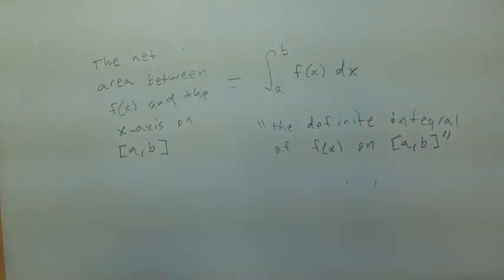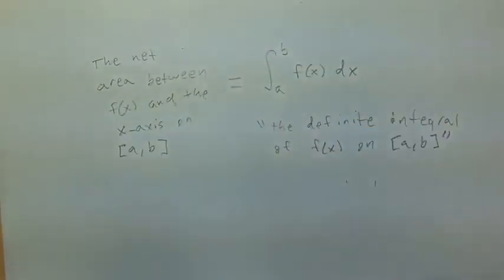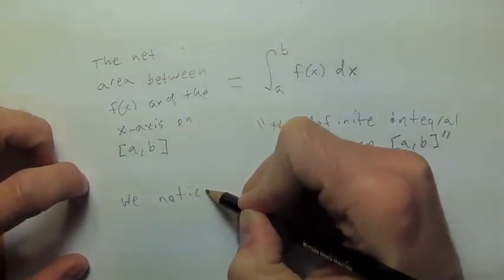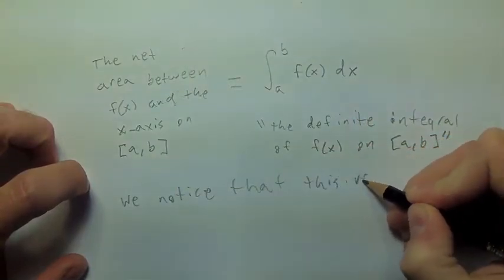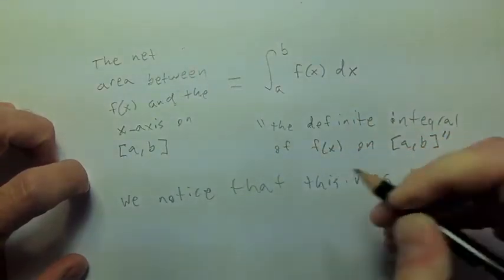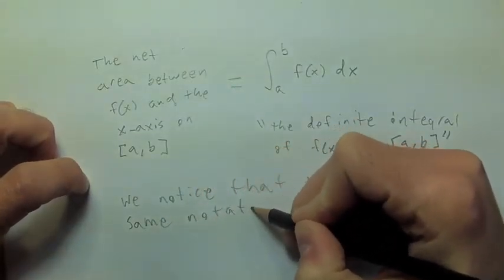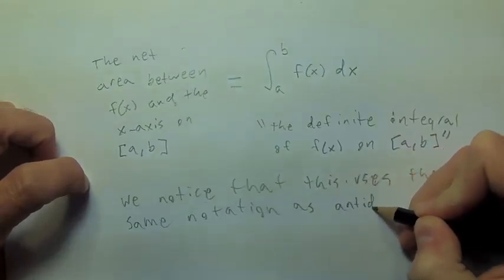Okay. Now you may be wondering, well, this uses the same notation, the same symbols as the antiderivative. So that's one thing to notice, is that this uses the same notation as antiderivatives.